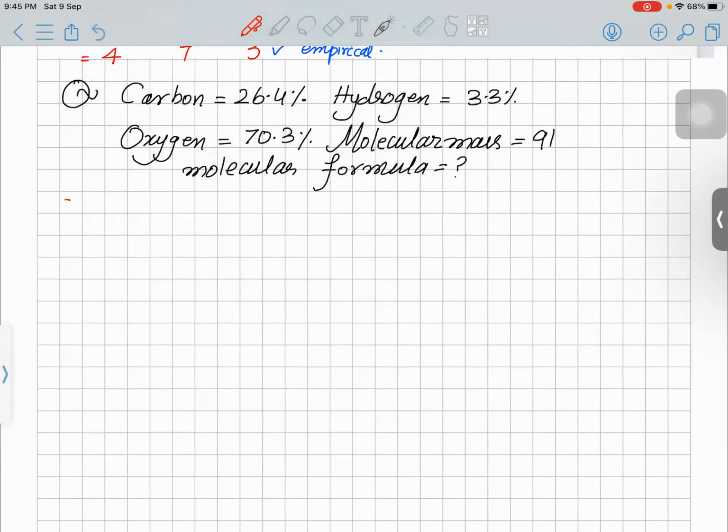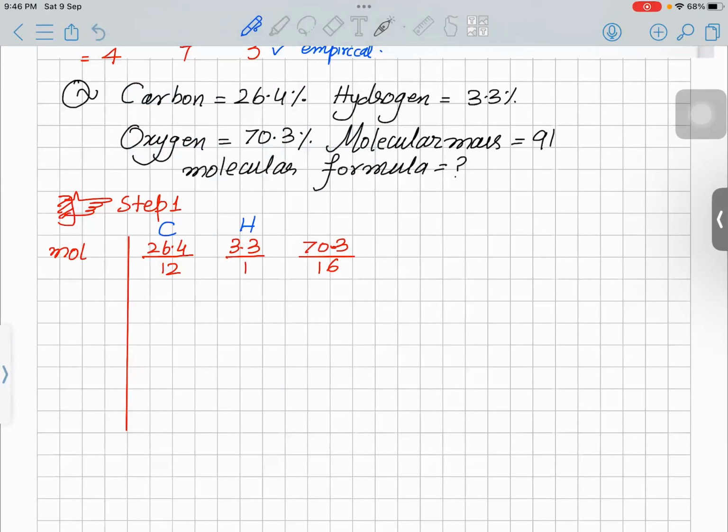Step 1. What will be step one? Find the empirical formula, which means moles. Moles are equal to 26.4 divided by 12, 3.3 divided by 1, 70.3 divided by 16.